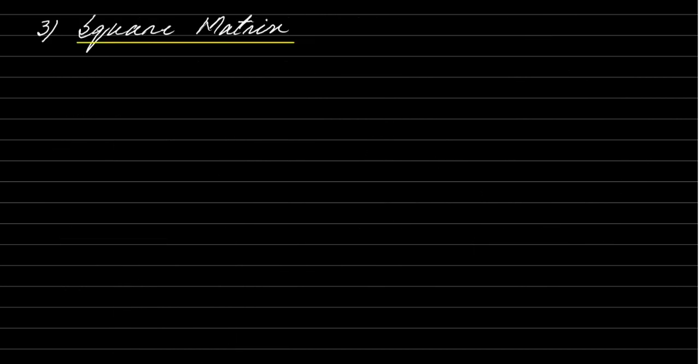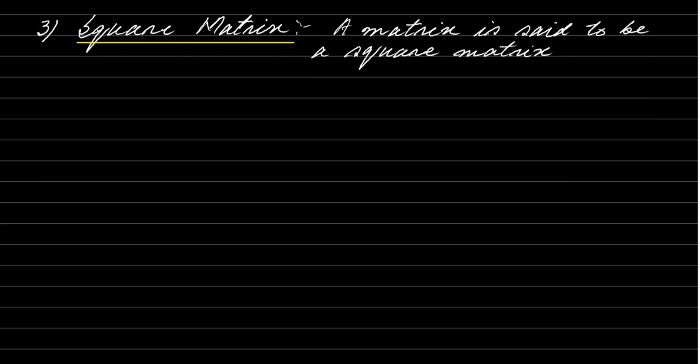Now, third one is a square matrix. A matrix is said to be a square matrix if it has exactly equal number of rows and columns.